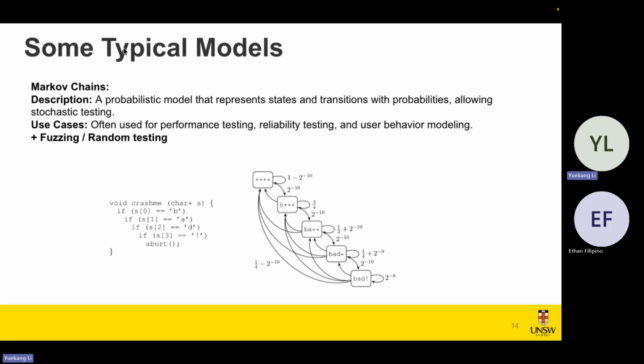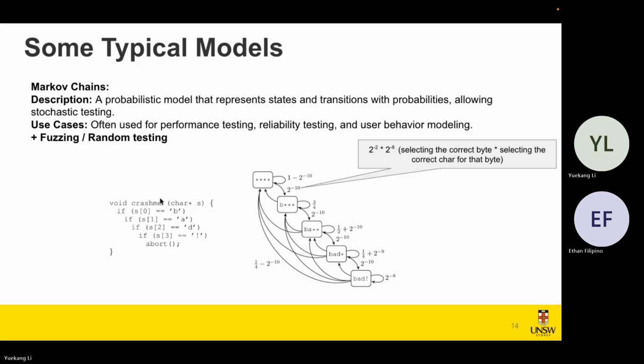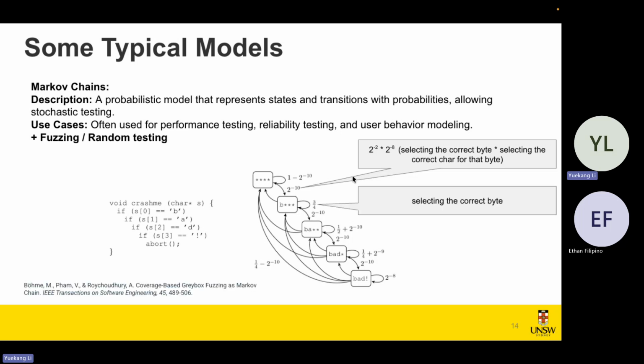It is very helpful for random testing or fuzzing. We will learn about fuzzing later. So if we just generate test cases randomly, then this could be helpful. I won't go through the detail of why this is calculated like this. You can calculate yourself if you are interested.